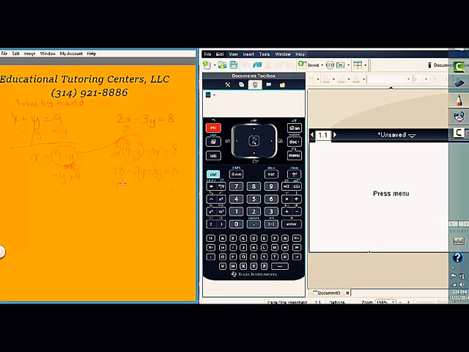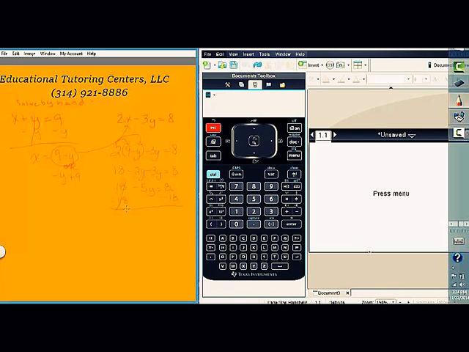Now I'm going to combine my like terms, which are the y variable terms, which makes negative 5y, and I'll bring down everything else just the same. Continuing to simplify in order to solve for y, I want to isolate my y variable on the left side of the equation.